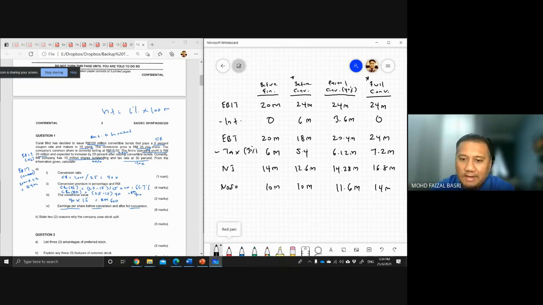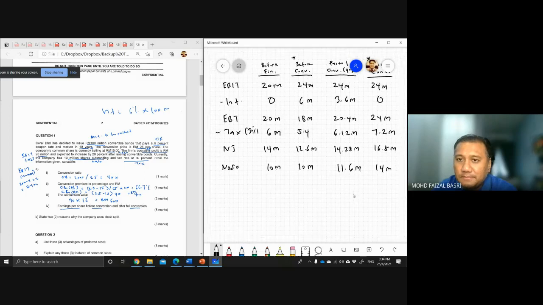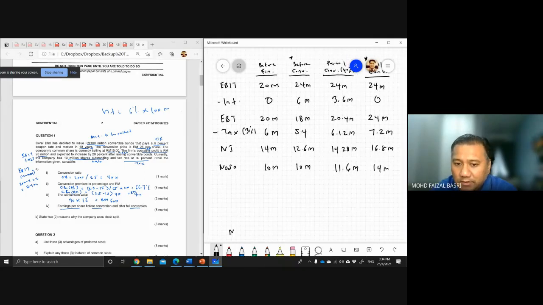Okay, so I recap balik, tulis kat bawah ni lah. New shares would be based on amount to be raised, 100 million, divided by conversion price. So the conversion price is 25 ringgit. So 100 million divided by 25 ringgit, we have 4 million shares.